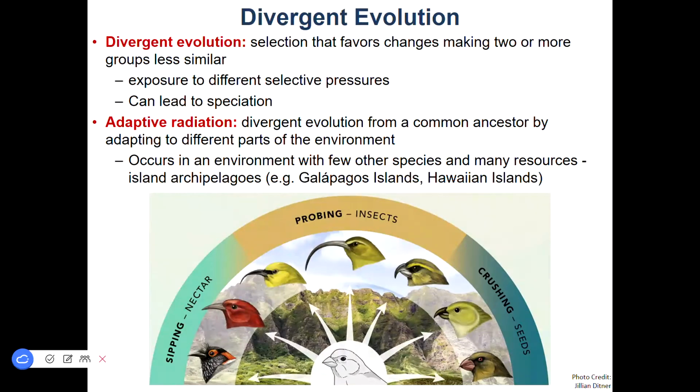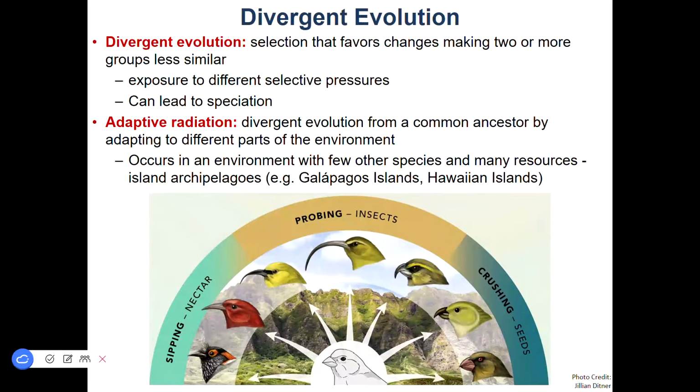So if we have our single bird that went to the Hawaiian Islands a long time ago, new habitat, no other bird species are there. There's different resources available. There's nectar from plants, there's insects, and there's seeds from plants.